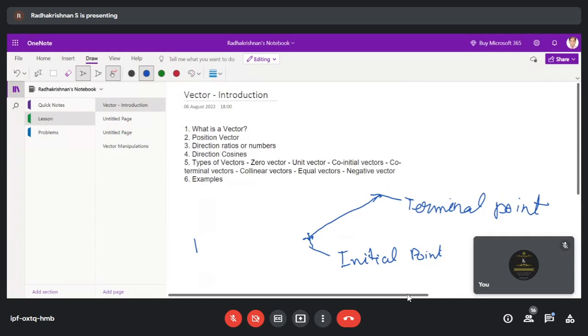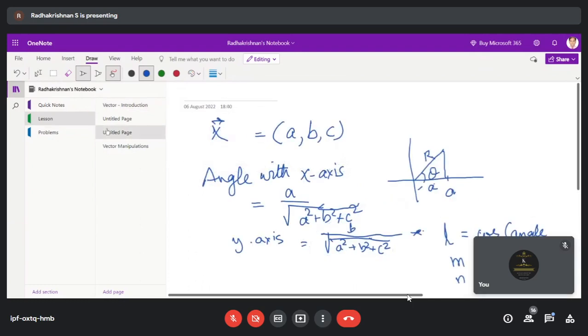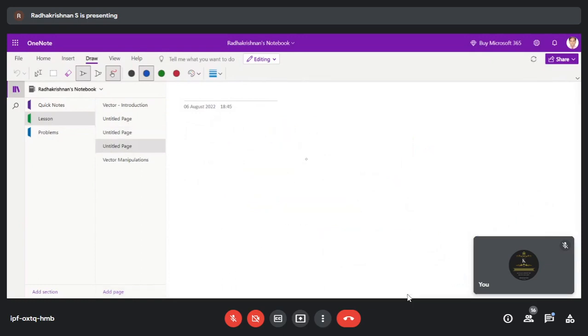Because there is one vector like this, and there is another vector which is parallel to it. It can be in either direction, right?